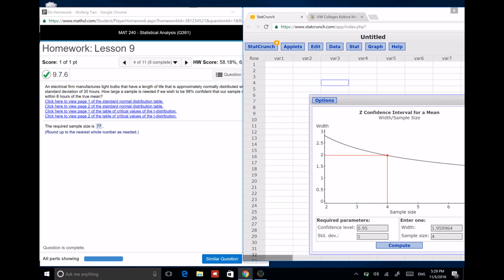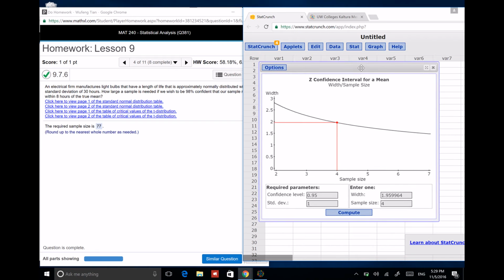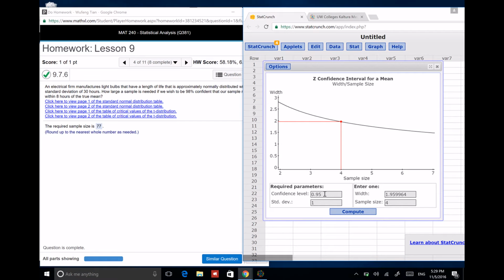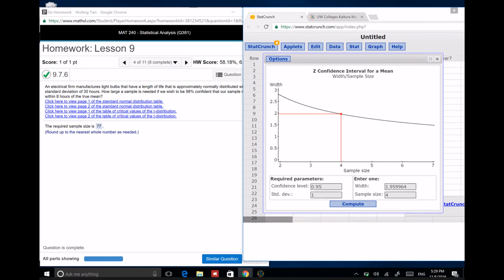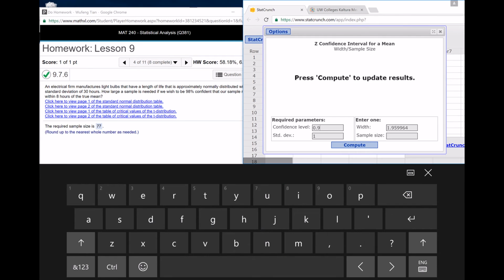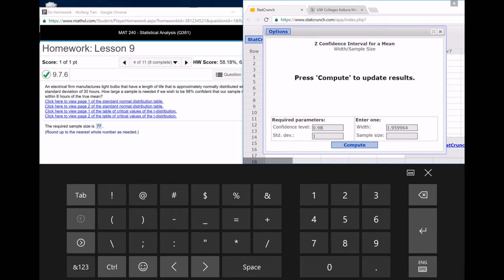Okay, so what you need to do is change this here. The confidence interval is 98%. And the width, because it says within 8 hours of the true mean, right?